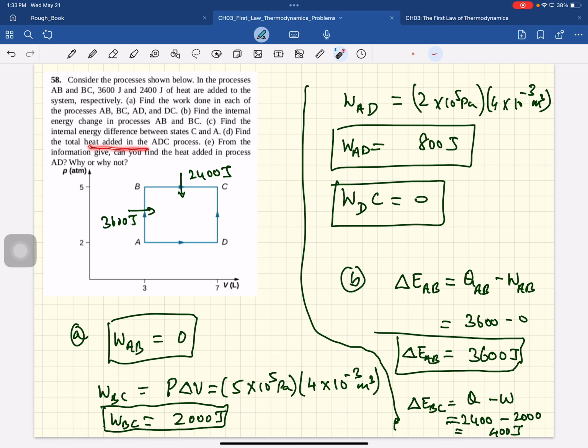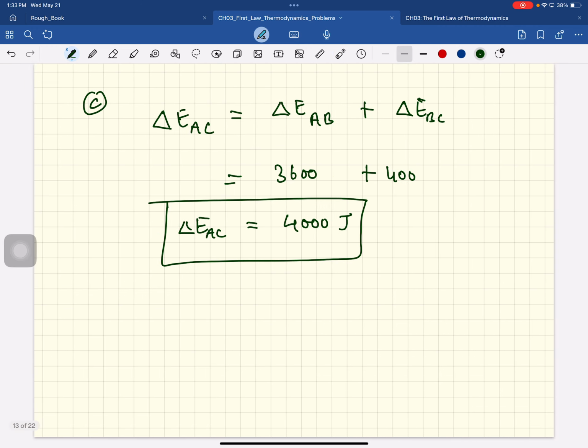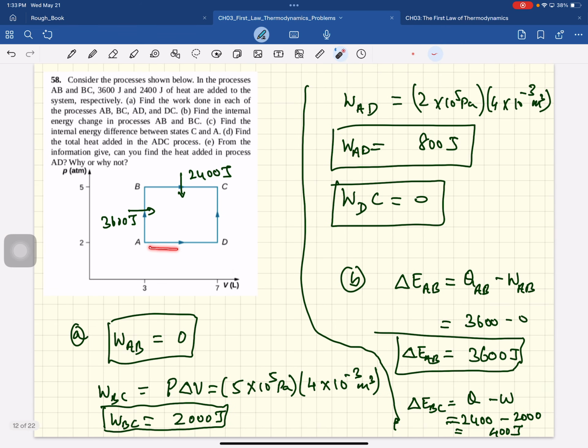Find the total heat added in the ADC process. In going along here, the work done is AD plus DC, so 800 joules.